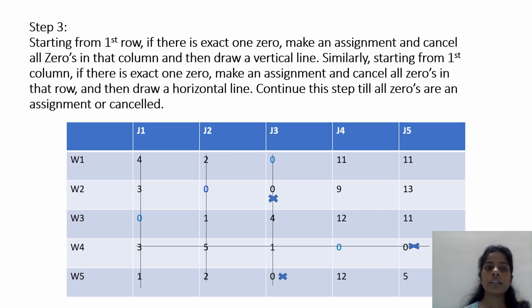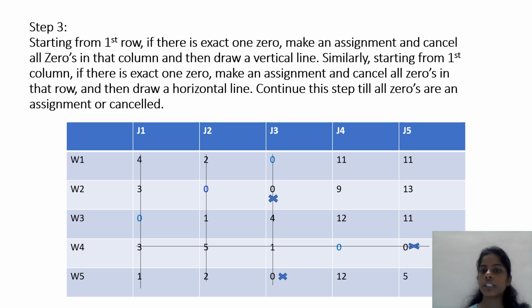Step 3. Starting from the first row, if there is exactly one zero, make an assignment and cancel all zeros in that column and then draw a vertical line. Similarly, starting from the first column, if there is exactly one zero, make an assignment and cancel all zeros in that row and then draw a horizontal line.